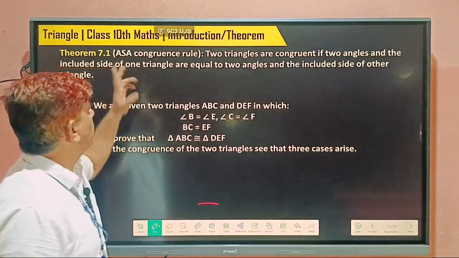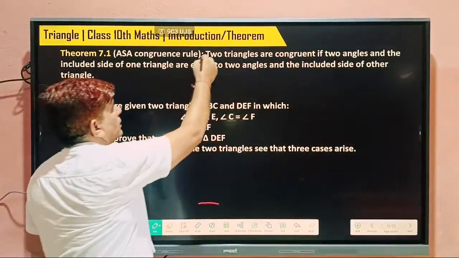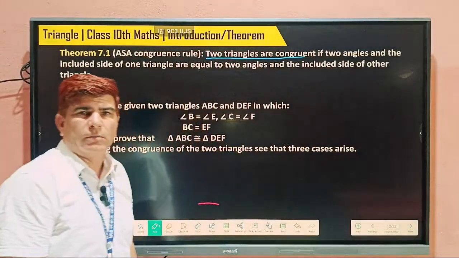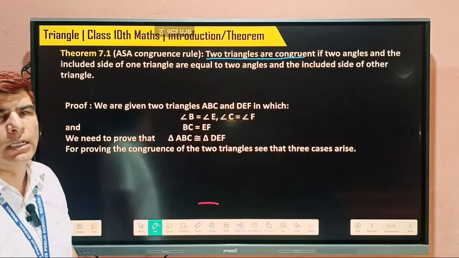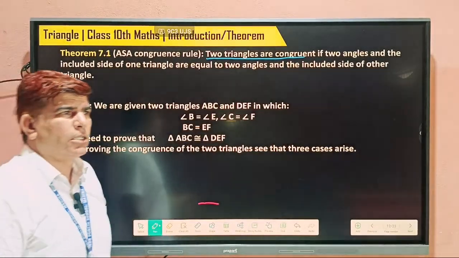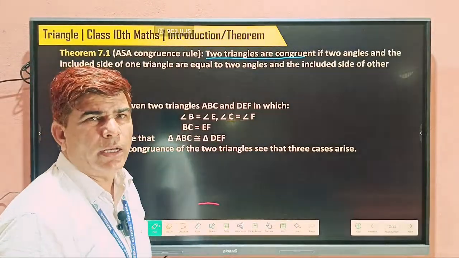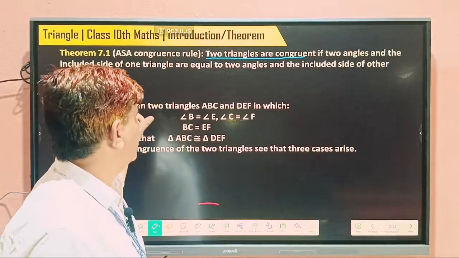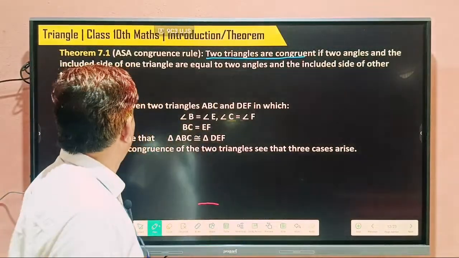So the theorem given: two triangles are congruent if two angles and the included side of one triangle are equal to two angles and the included side of another triangle. This theorem we can prove with the help of that axiom.